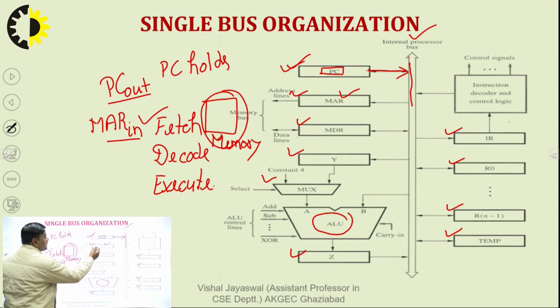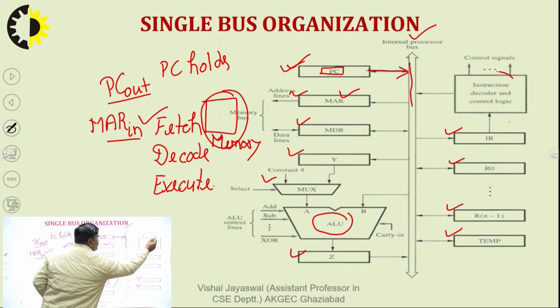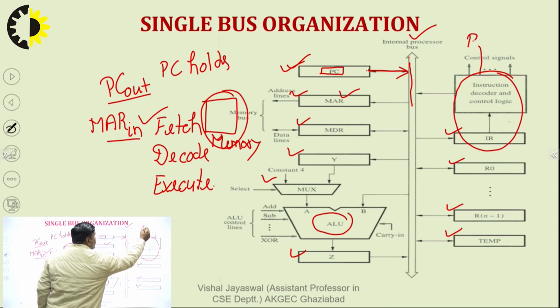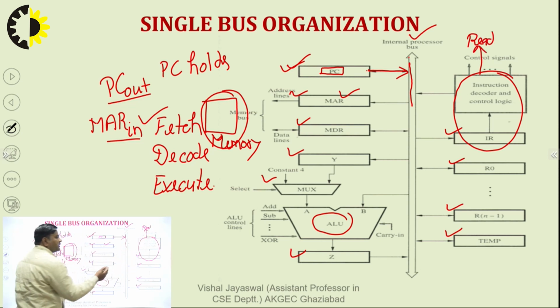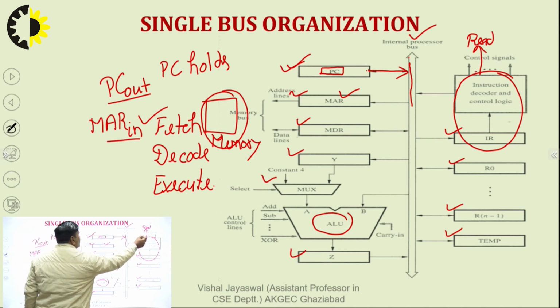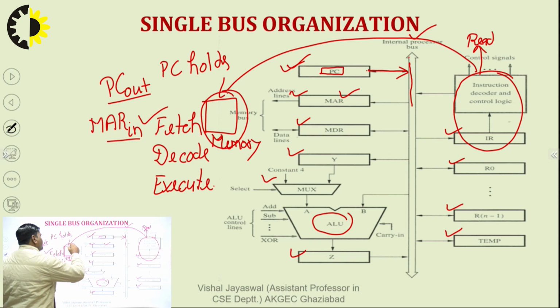Then we take the control signal. This is the control unit, and the read control signal is generated by the control unit and goes to the memory.